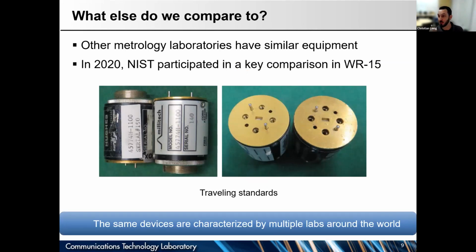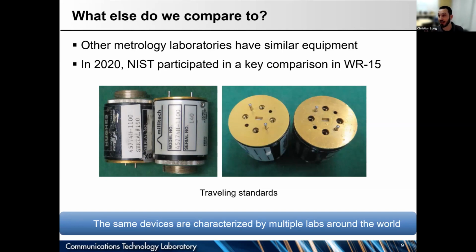So in addition to doing measurements that tie to the fundamental constants of nature, we also send devices around the world and have different laboratories characterize them and check to see that everybody's measurements agree, so that if a company gets a calibration in one country that traces to measurements done at a primary lab, they still agree with some other company's measurements that got traced to another country's primary lab.